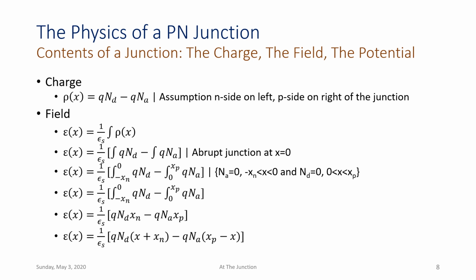Q N sub A. We are assuming that this junction is abrupt, which means that at x equals 0, on the left of x equals 0 is the n side, on the right is the p side. Now we'll have to put the limits on the integral, and these limits would represent the width of the junction.